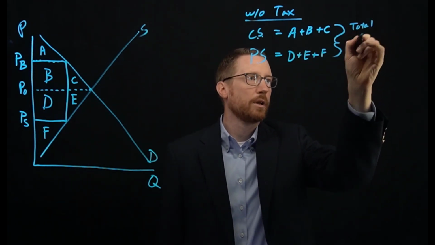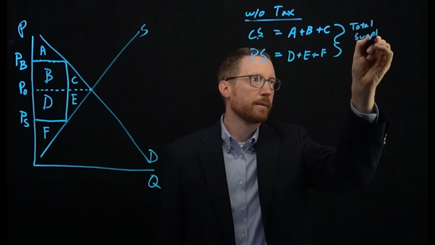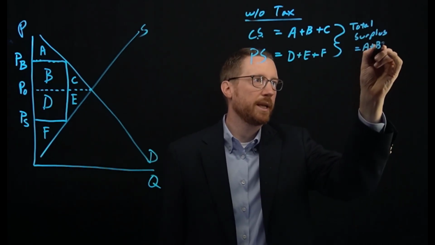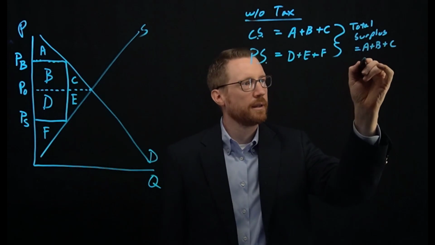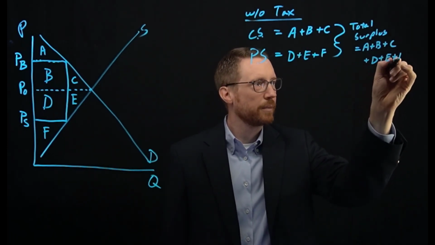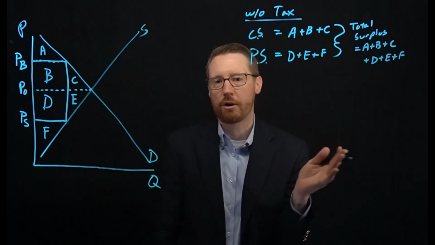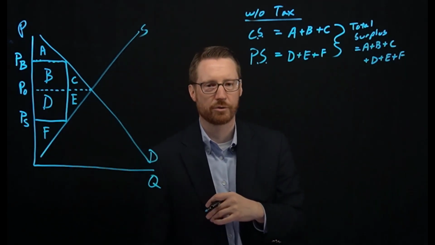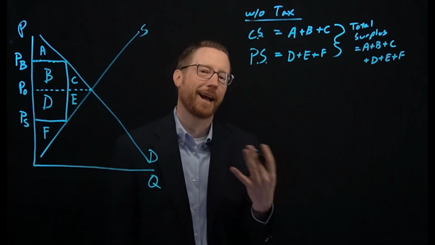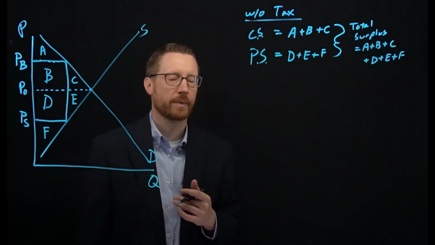So total surplus is equal to A plus B plus C plus D plus E plus F. Right? It's all the consumer surplus and all the producer surplus. The total gains from trade are the gains to the consumer and the gains to the producer.